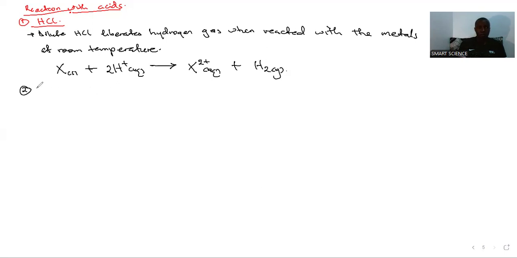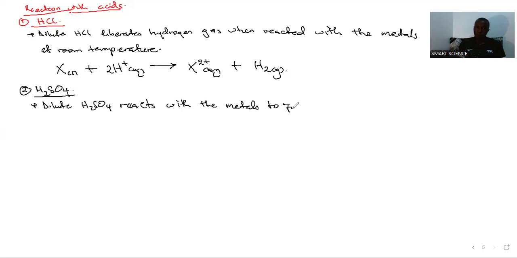And the acid number 2 is sulfuric acid. Likewise, dilute sulfuric acid reacts with the metals to form their respective sulfates and hydrogen gas.